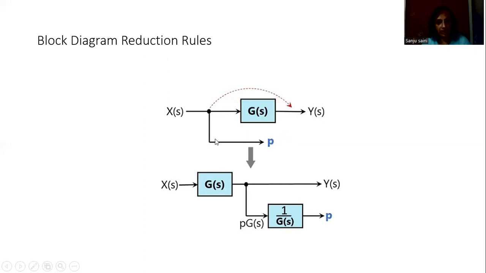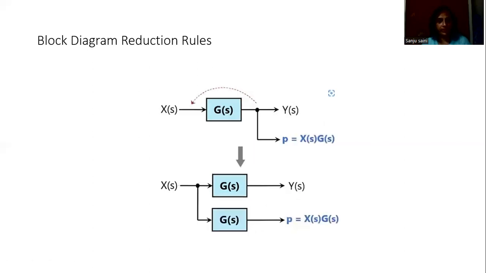So if we move this takeoff point from this place to this place, then we have to add a block having a transfer function equal to 1 by G(s). So this is the rule for shifting of the takeoff point in the forward direction. Then shifting of the takeoff point in the reverse direction.